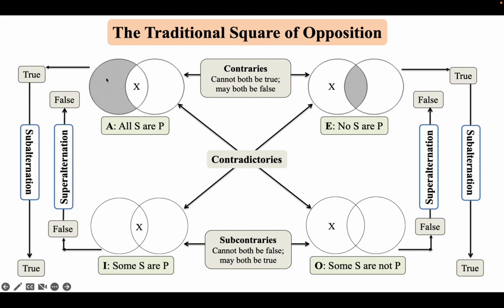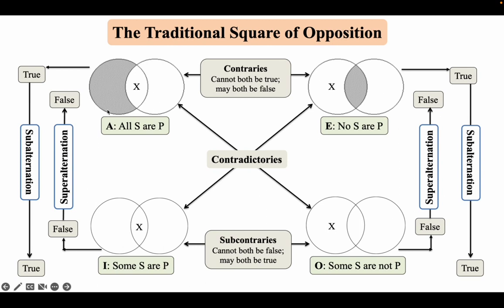The next relation is a relation known as subalternation. Subalternation is the relation between the universal statement and its corresponding subaltern.